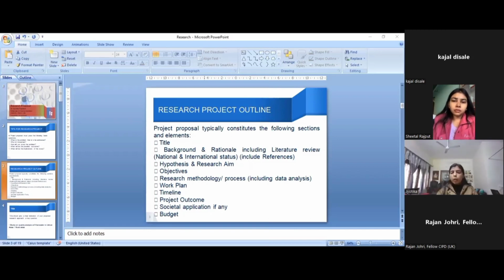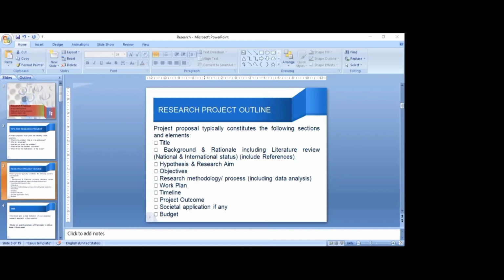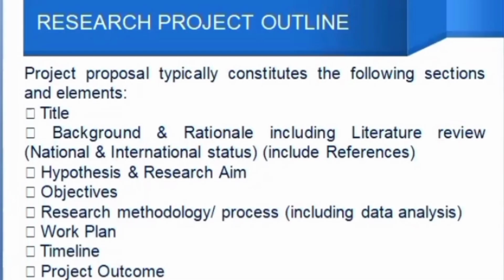Whatever research you are doing should have some implementation to the society, so that will be reflected in the outcome of your project, whether it is a direct application or not. It's not necessary it has to be a direct application every time. Your basic research is also very important. So indirect or direct, it should have some outcome.